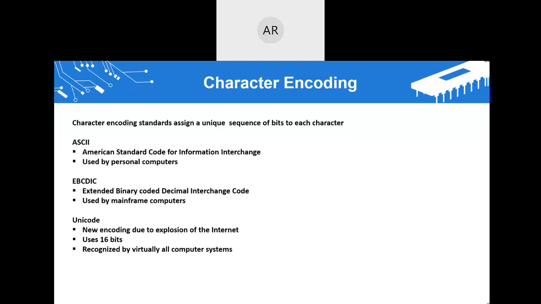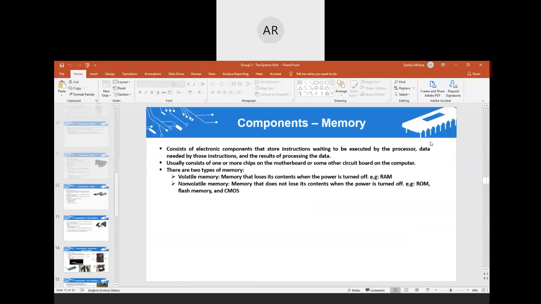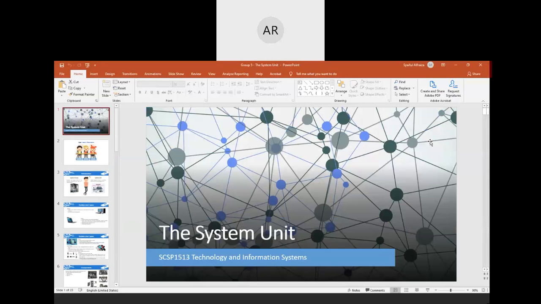Okay, that's all for the components of the system unit. As for the conclusion, any unit that contains electronic components and storage devices used to process data is what we call a system unit.